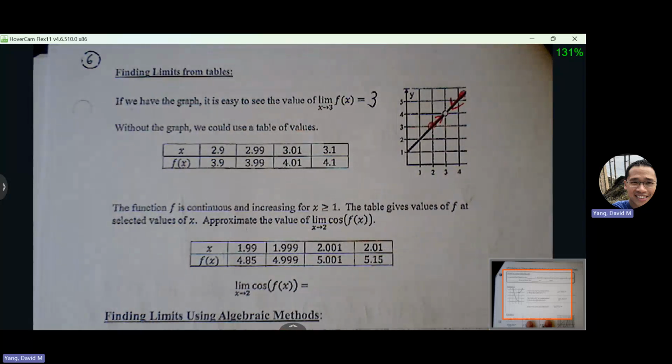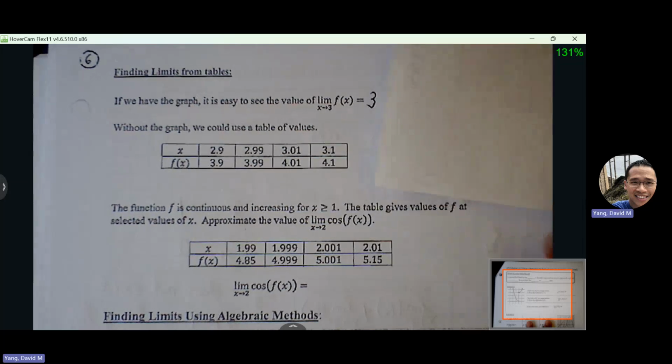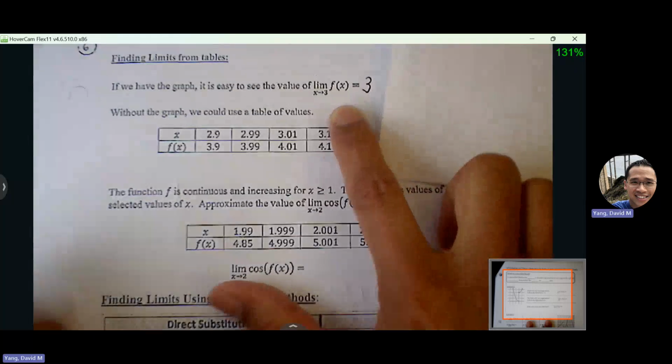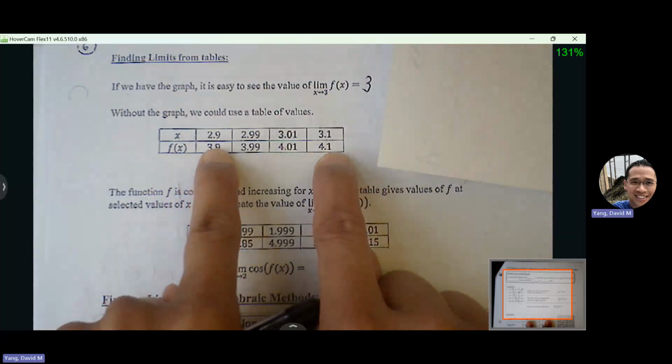But let's say we didn't have the graph. Let's say we only had a table of values. If we had a table of values, we can still make the same conclusion of what the limit is. So for instance, let's say we're trying to find the limit as x approaches 3 from both sides of 3. So I'm going to pick points on both sides of 3.